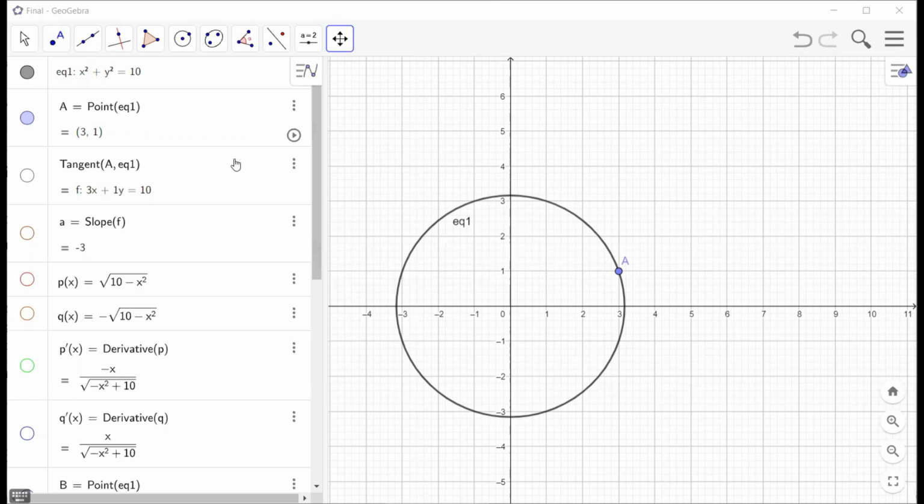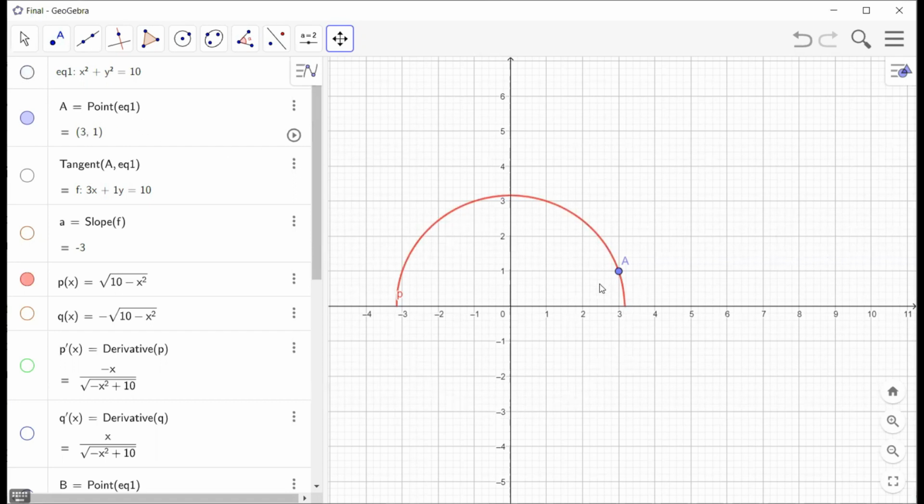But I think it's better to make it a function so we can focus our study on the upper part of the circle, the semicircle. We can make some change to this relation to make it a function like this.